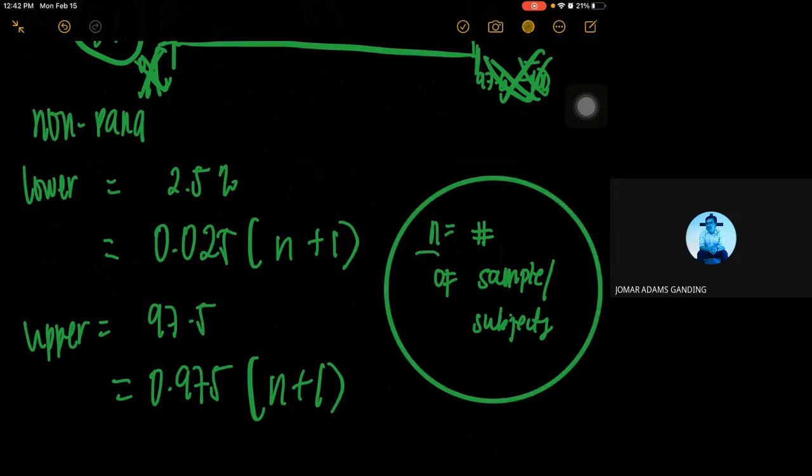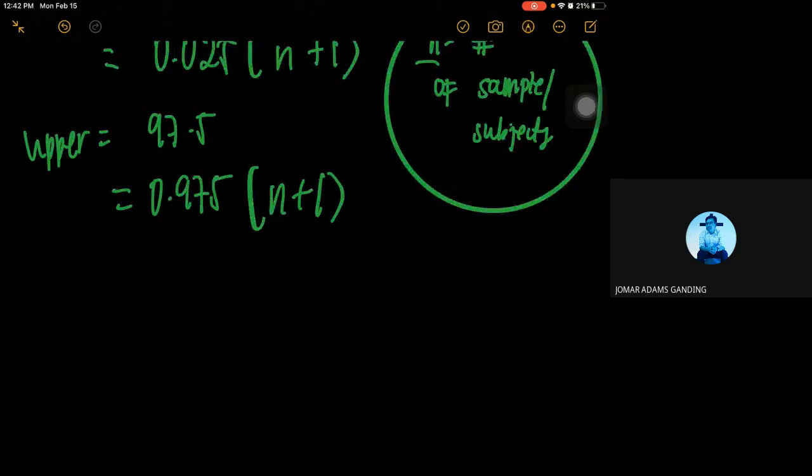So take for example, you have a problem. Assuming that the confidence interval is 95%, which will always be the case, and n is, for example, 120. You just substitute n.